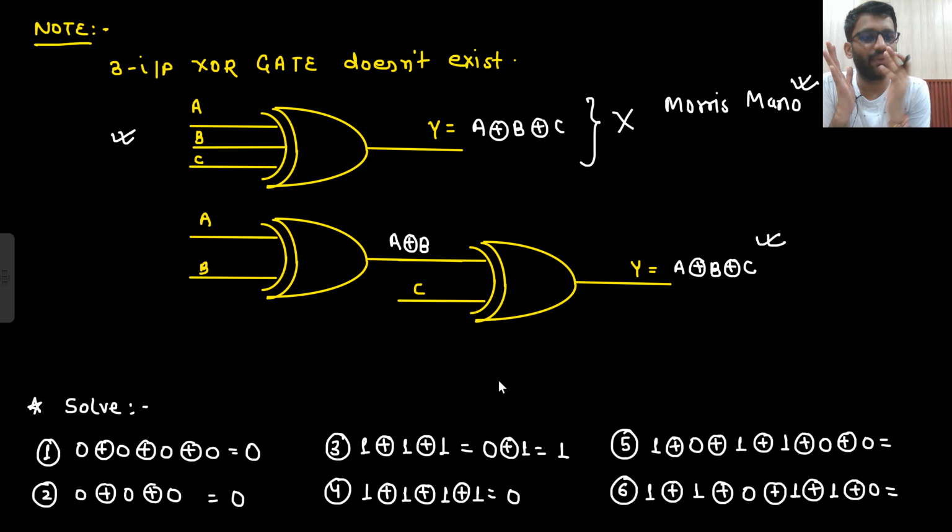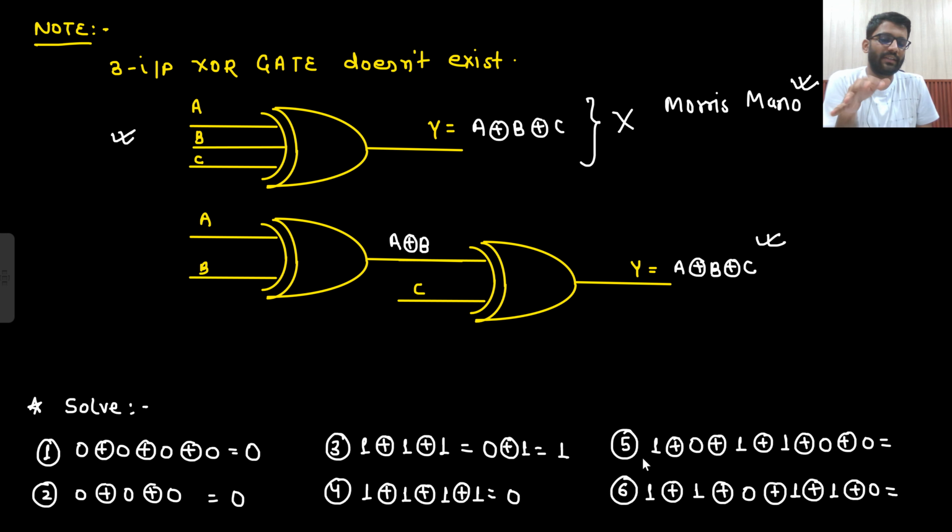That would be a good definition, irrespective of the inputs. If at the input I am getting logic high an odd number of times, then my output will be high. This will be the correct answer.